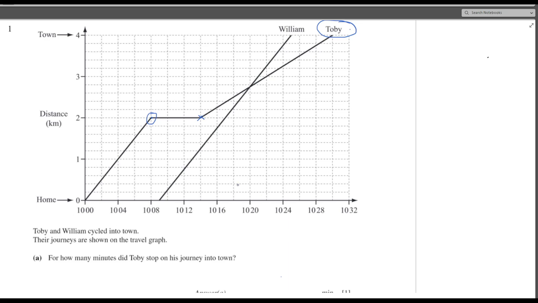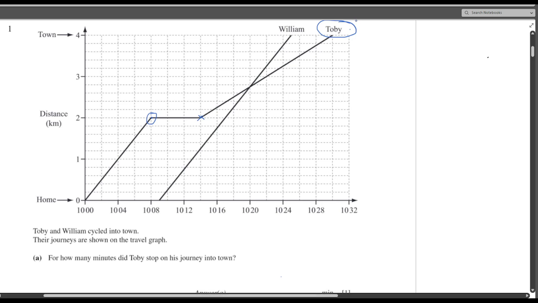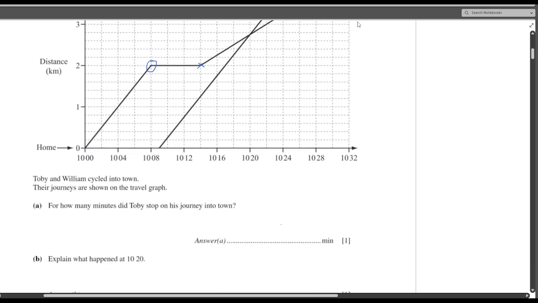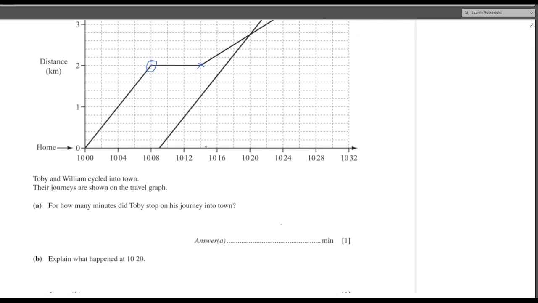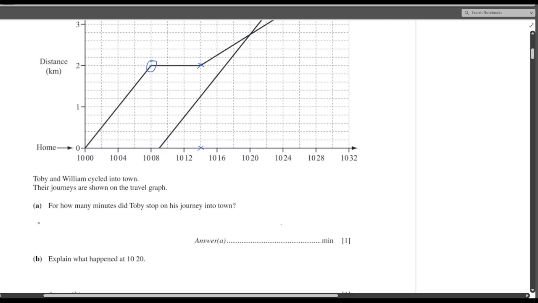So here your first question is, for how many minutes did Toby stop on his journey into town? Now you can see why I'm saying 10:14, because 10:12 is here, 10:16 is here, and in between it will definitely be 10:14.